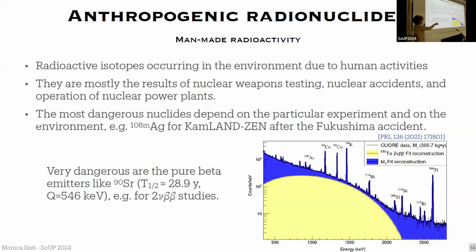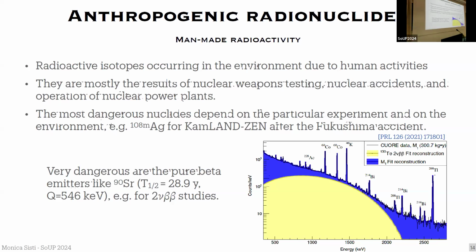Cobalt-60 decays with the emission of two gamma rays, one after the other. But the sum of these two is about 2.5 MeV, and that is very close to the expected peak from neutrinoless double beta decay of tellurium-130. So this is of concern, for example, for CUORE.